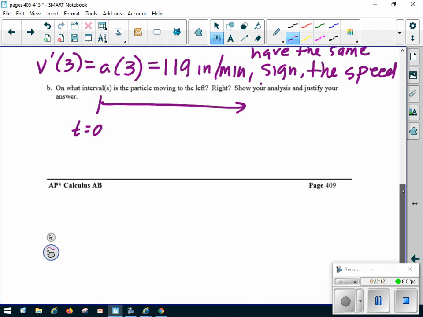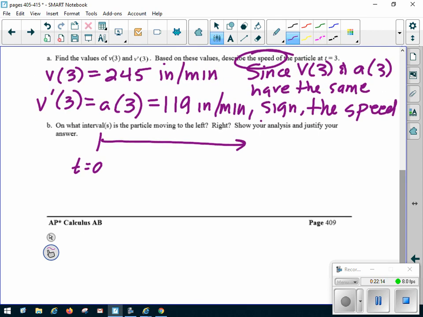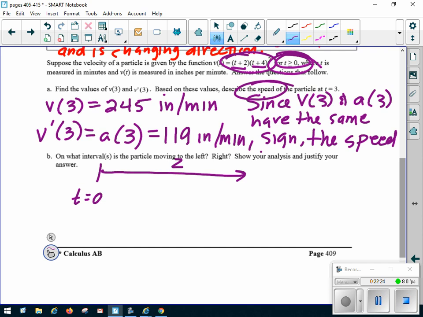So what we're going to do is pick a number in this interval. 5, 2, 1, I don't care as long as it's positive. Infinity is not a number. Does 2 make the velocity positive or negative? So what do I know about the movement of this particle all the time?